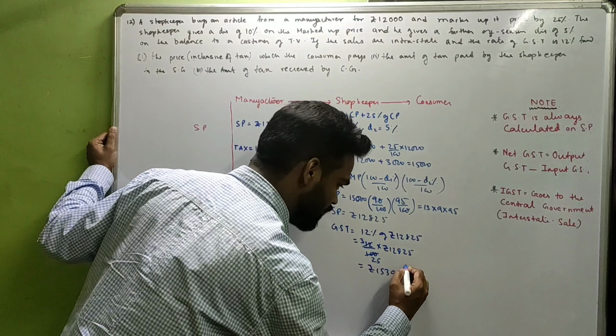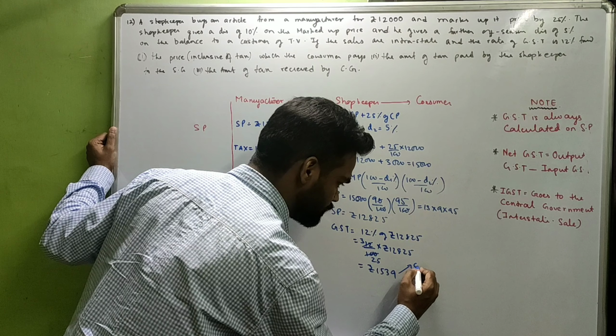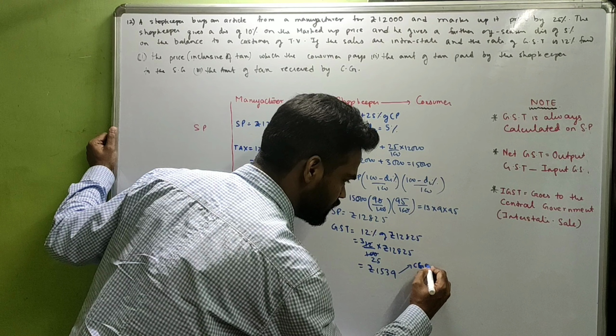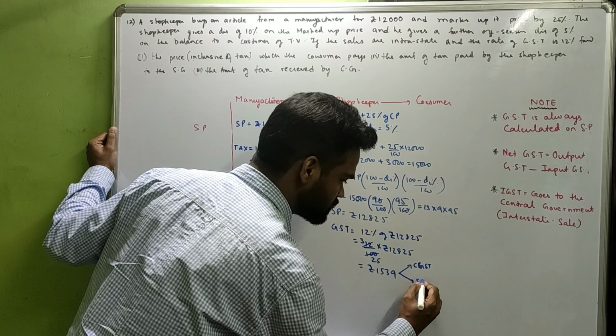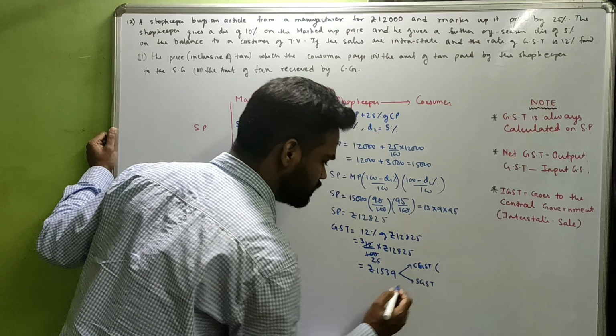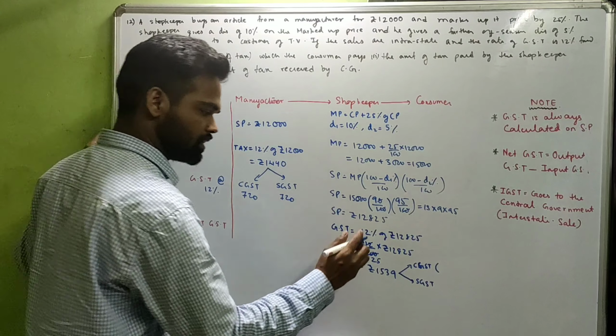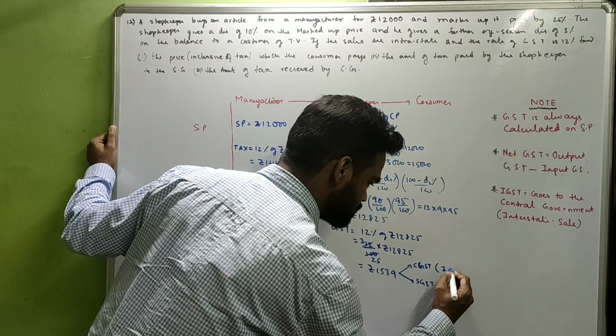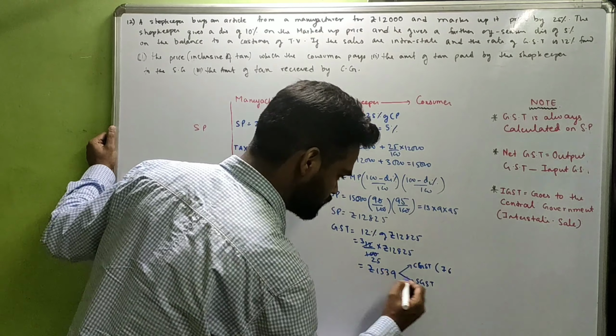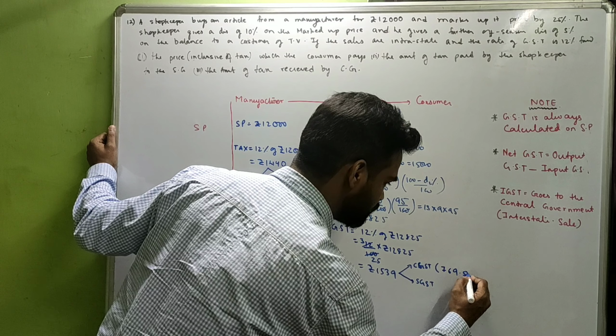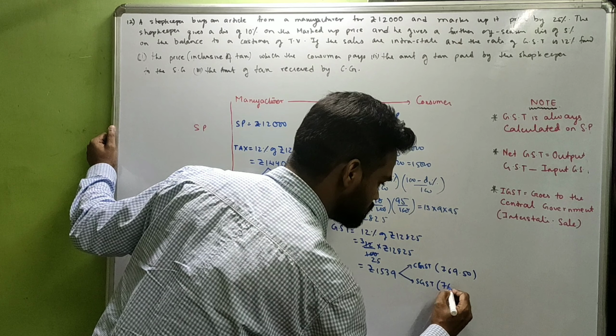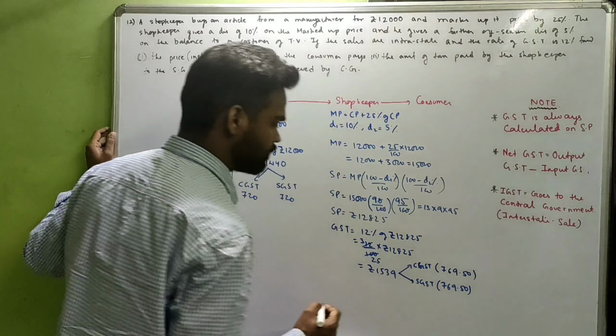Again, this will be divided into two parts, CGST and SGST. What will be CGST? Half of this, which is 769.50. Similarly this. Am I clear?